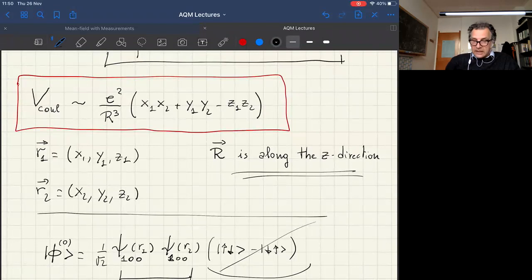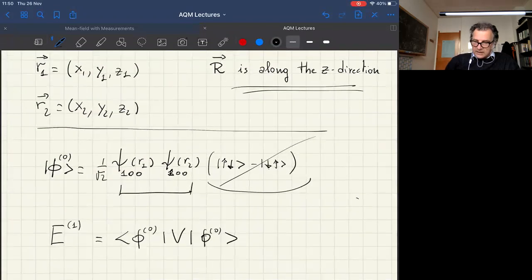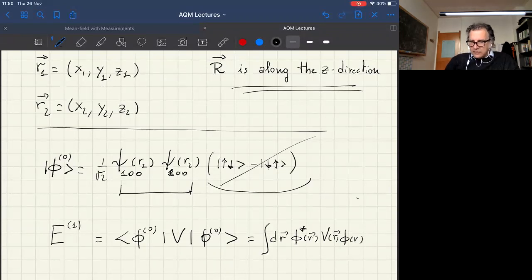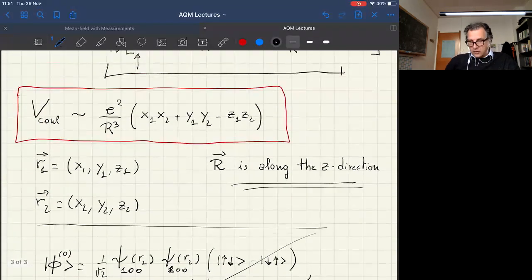We do it in real space. If I had just one coordinate, it would be something like the integral dr of phi star of r, V of r, phi of r. If you have two, you have to write it properly. So can you tell me what the first order correction is in this case?